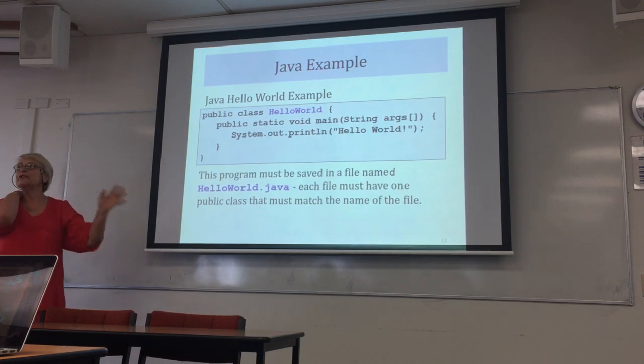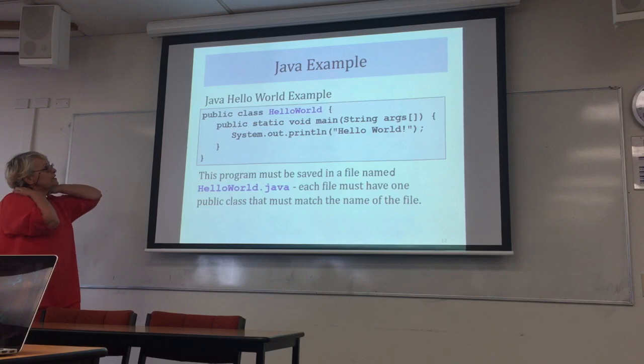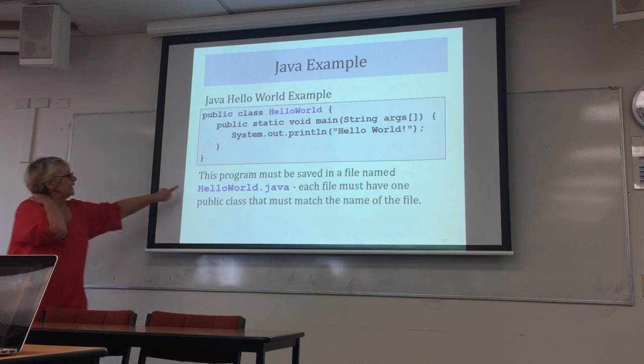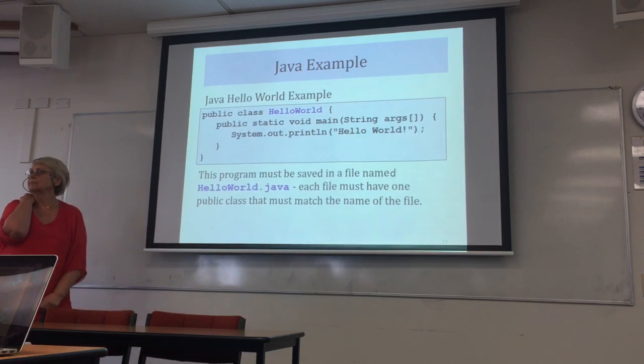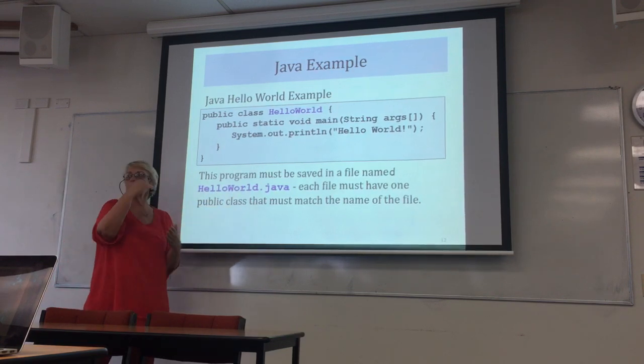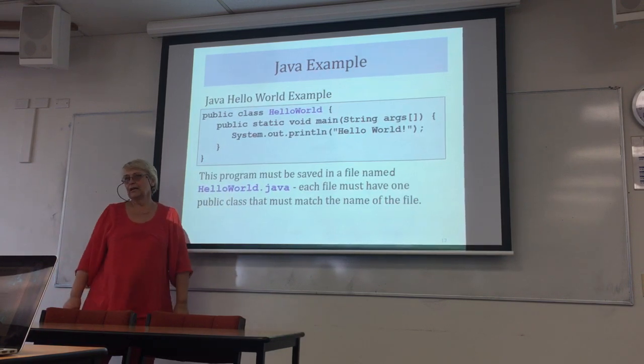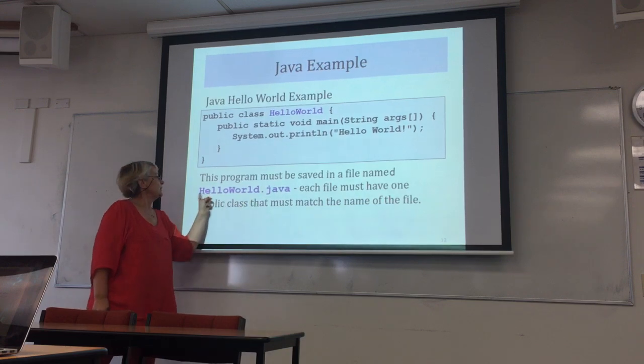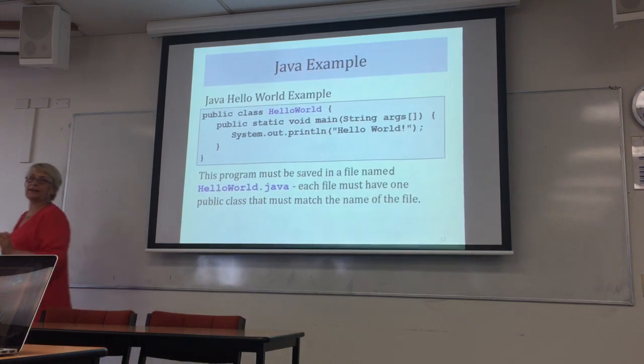Everyone in the Java community follows this style. And because Java is case sensitive, the file name has to be identical, HelloWorld. It's important because the compiler finds the types based on the names you give there.